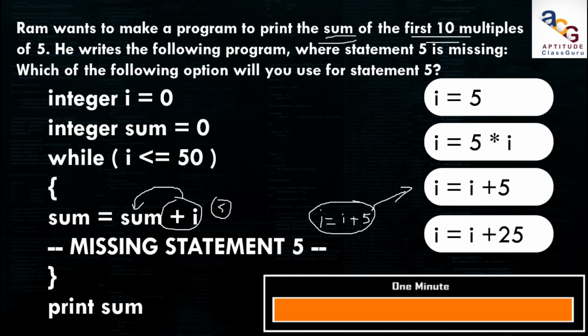If you think it is 5 star I, it is wrong. Why? Because the first I value is 5. When you multiply with another 5 in the next iteration, it will directly jump to 25. So multiplication leads to powers of 5, which is 5 square, 5 cube, 5 power 4, like that. But addition gives 5 multiples. So the answer is I equal to I plus 5.